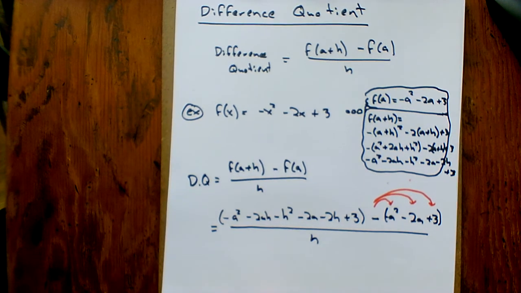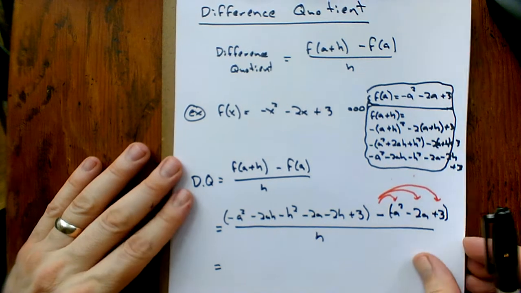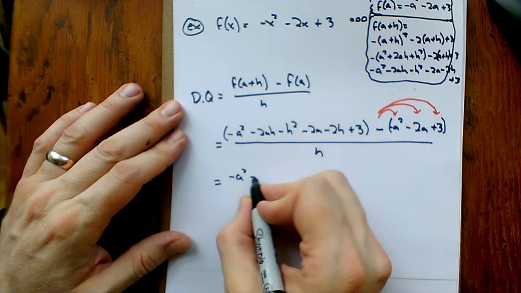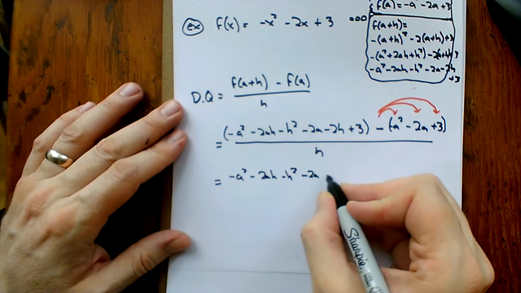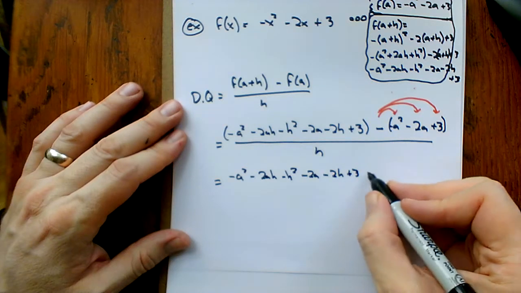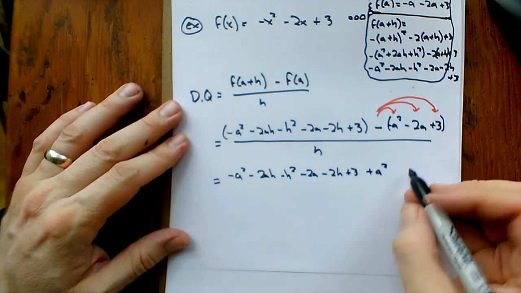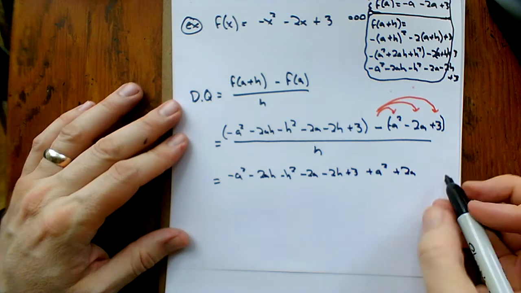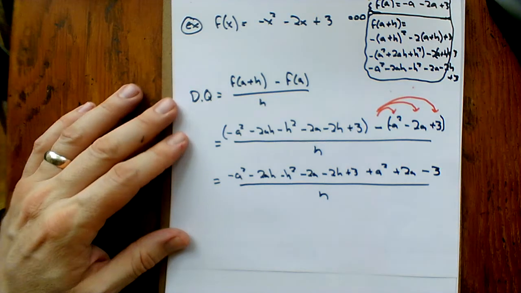And when I do this, I'm going to discover that I've got negative a squared minus 2ah minus h squared minus 2a minus 2h plus 3, plus a squared, plus 2a, and minus 3, all over h.